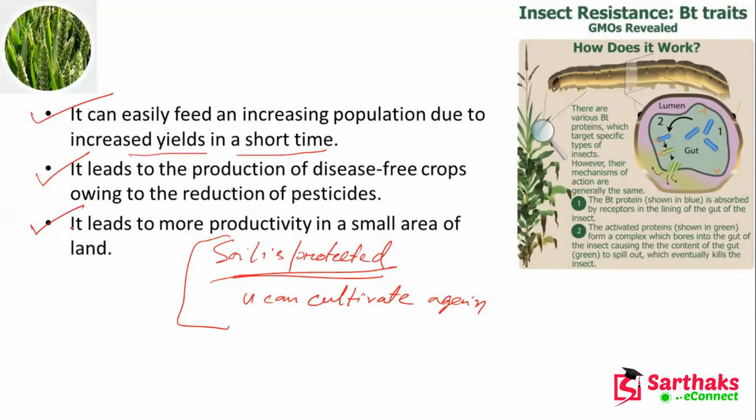Okay. So what are BT crops? What are the advantages of BT crops? We have studied that. Till now, whatever we have studied: first, what is a crop? Next, we studied different types of crops according to the season.